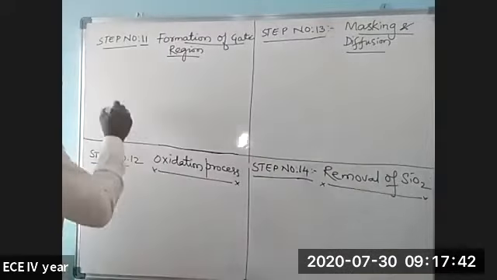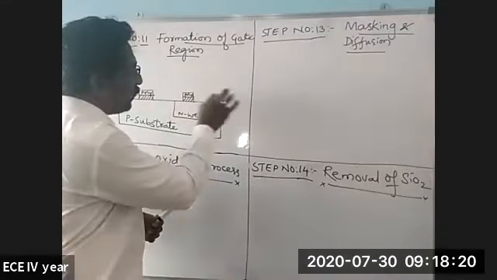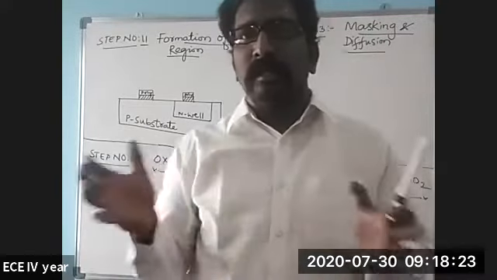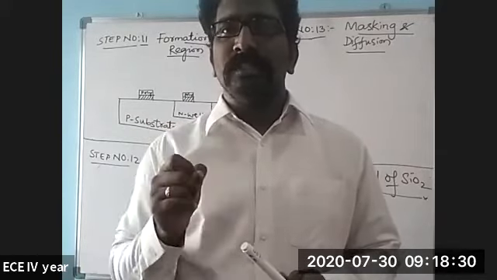So now, in this process, the entire polysilicon and the thin oxide has been removed, and only where we require the gate terminals for the two devices is it not removed.